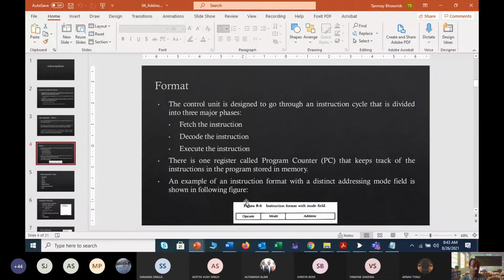So your program counter keeps track of the instructions. First you have to know from which memory location you will fetch the operand and the opcode. Your program counter first instructs you that the next statement is this, then you act accordingly. Once you perform that particular instruction, your program counter automatically updates itself to point to the next instruction.